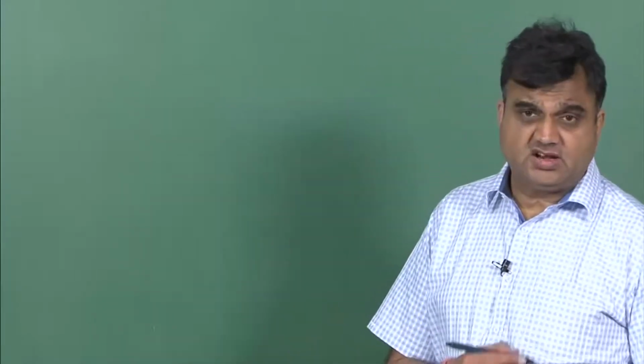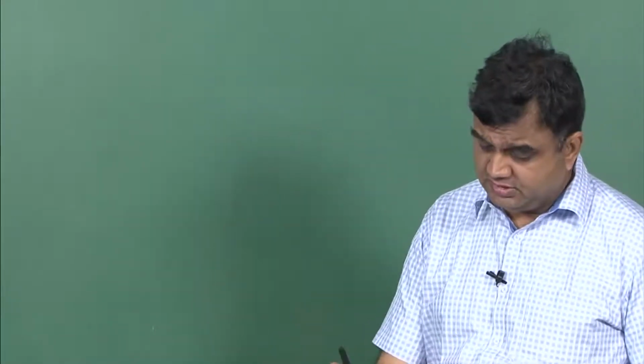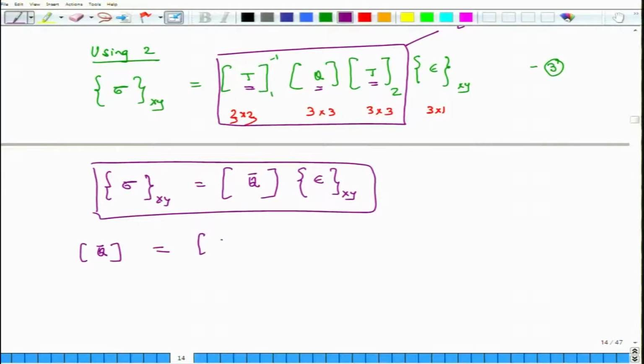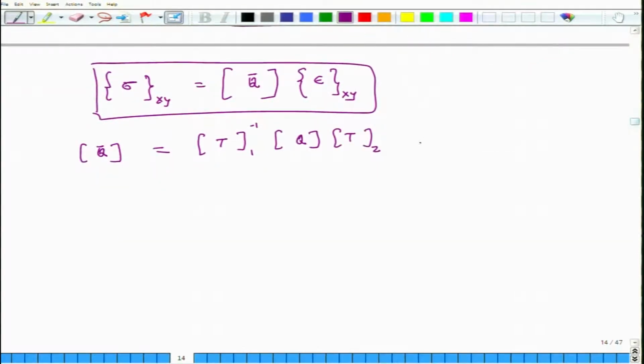So, Q bar is for a generally orthotropic thin lamina in the state of plane stress, and this is equal to inverse of T1 times Q times T2. So, this is again a 3 by 3 matrix, but it is a little different when we compare it to Q matrix.